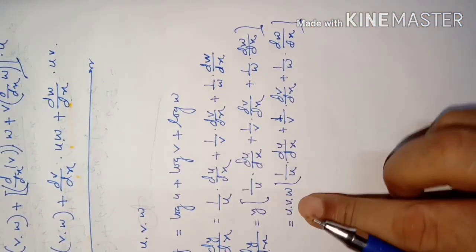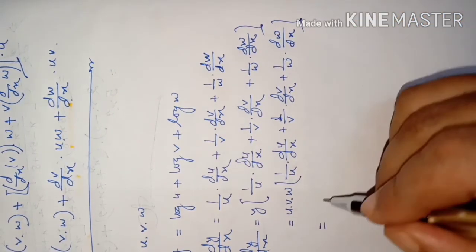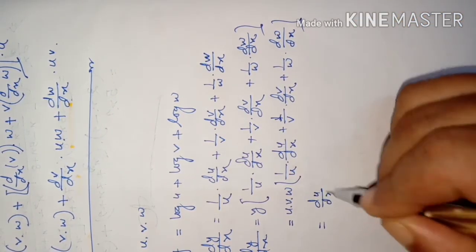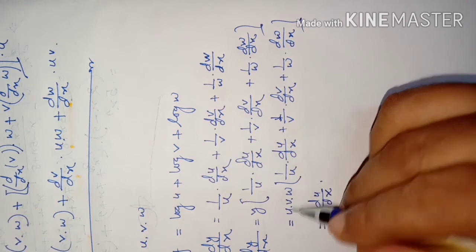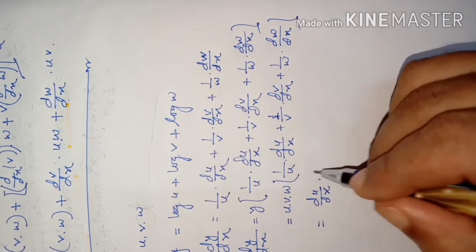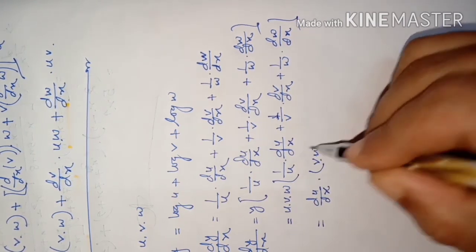Now du by dx into u cancels, and it will be v into w.